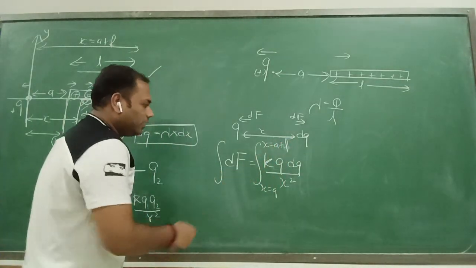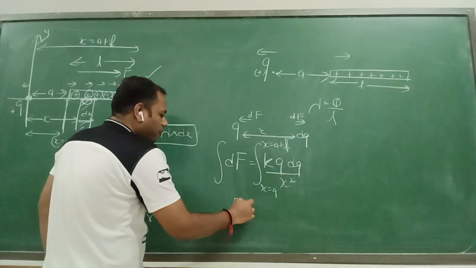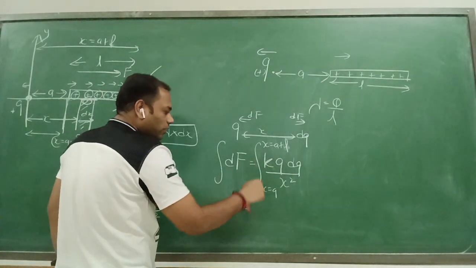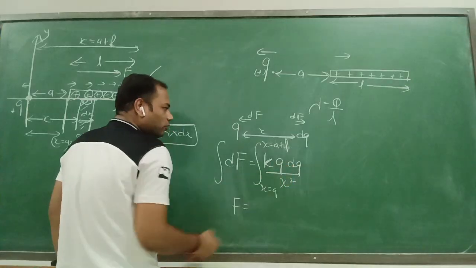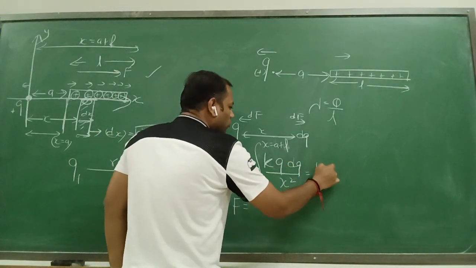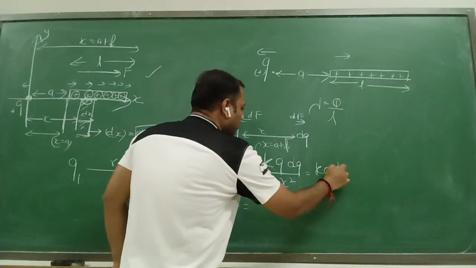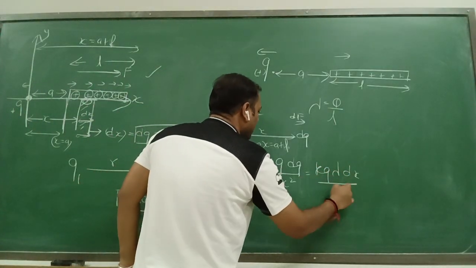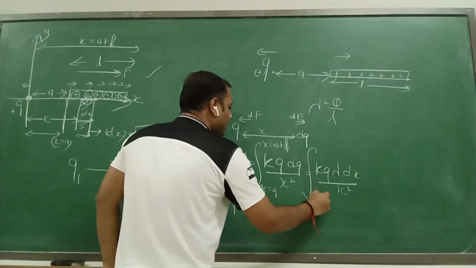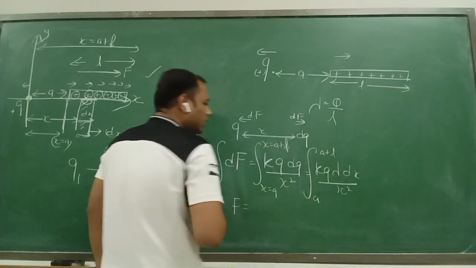Now we have to integrate it. dF integration will be F, and kQ we can take outside. Firstly we have to put the value of dq. dq value will be lambda dx. So lambda dx by x square, and from a to a plus l we have to do the integration.